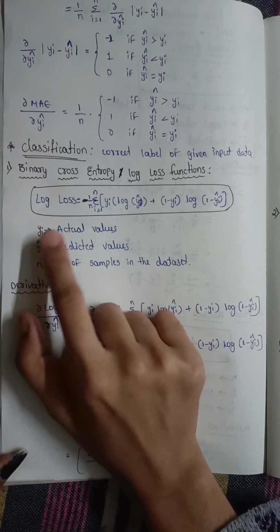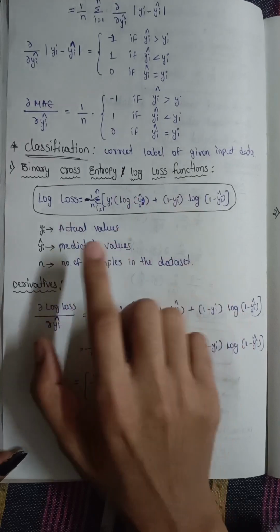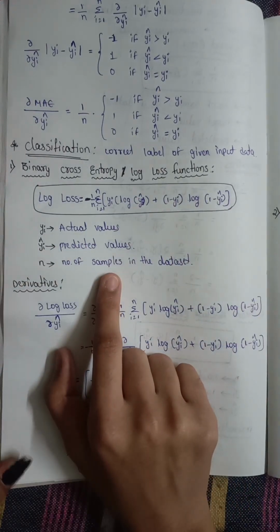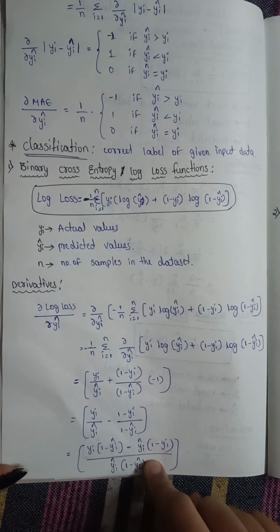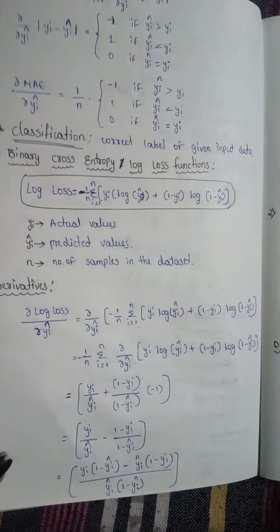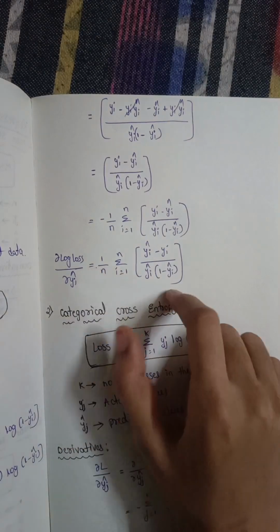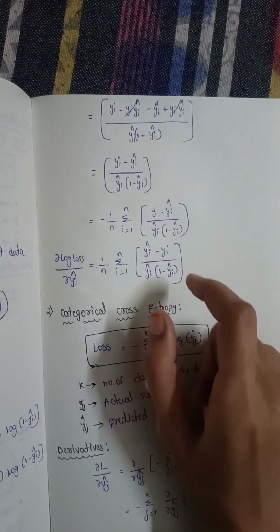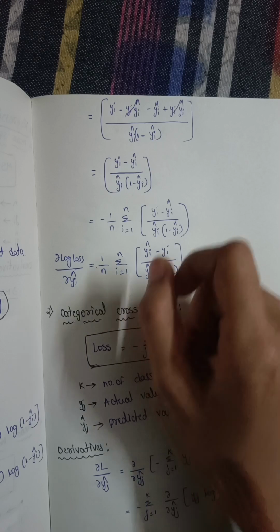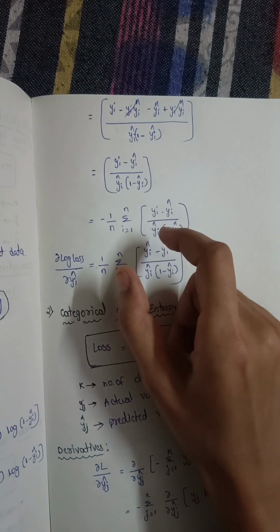Here yi is the actual value and yi cap is the predicted value. N is the number of samples in the dataset. This is the derivative of the binary cross entropy, and this is the derivative formula. Binary cross entropy is used for binary classification problems.